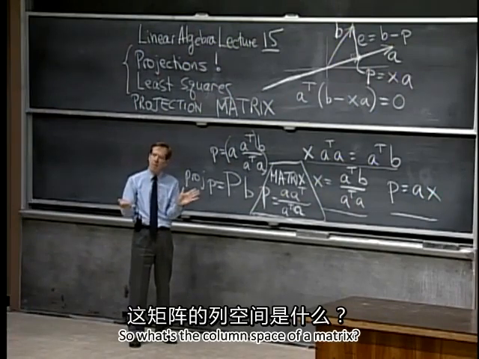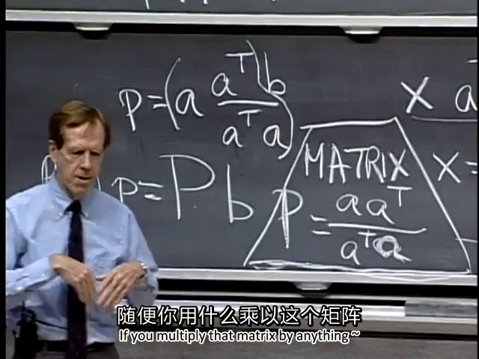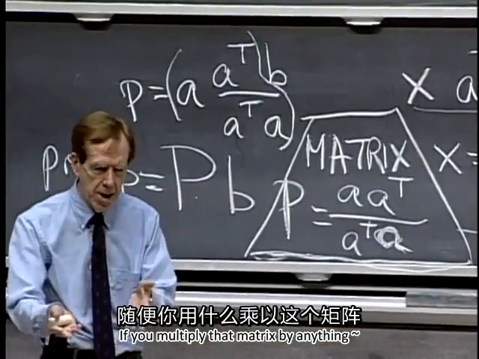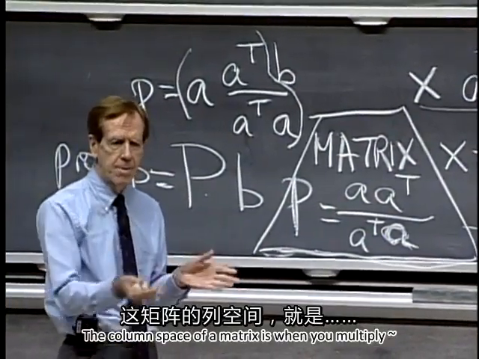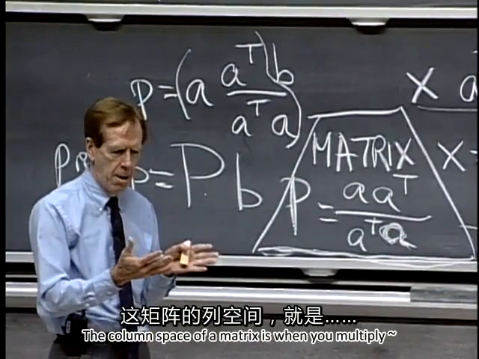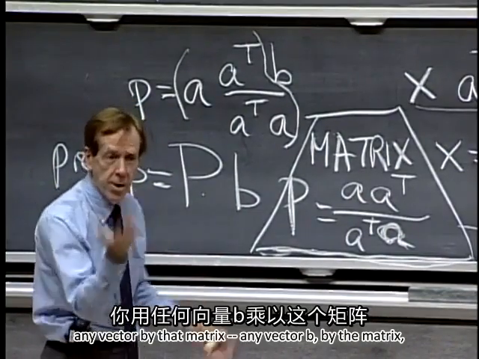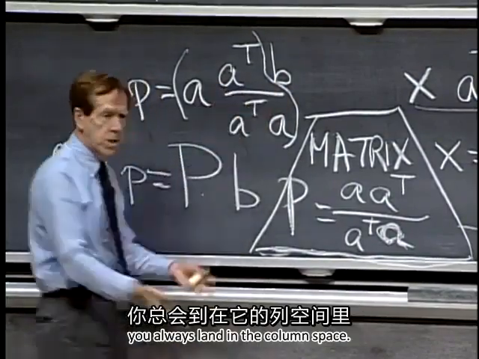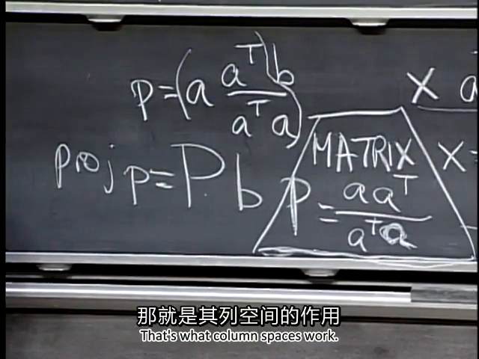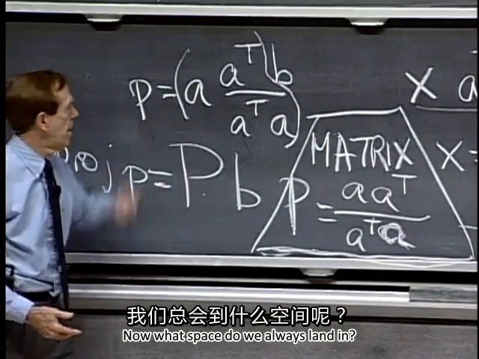So what's the column space of a matrix? If you multiply that matrix by anything, you always get in the column space, right? The column space of a matrix is where you land when you multiply any vector B by that matrix. That's what column spaces were. Now, what space do we always land in?